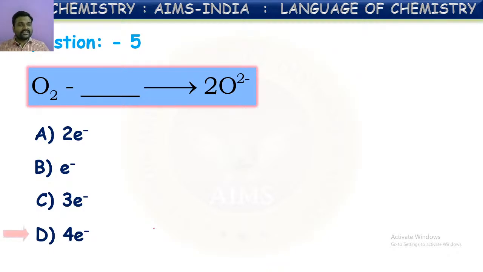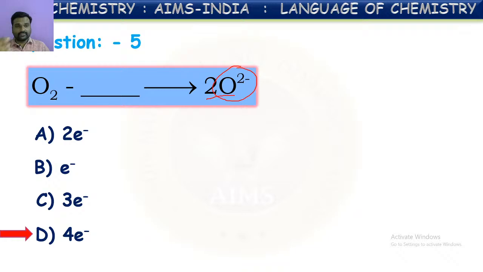So D is the correct answer, because each oxygen atom loses 2 electrons. In the molecule of oxygen, there are 2 oxygen atoms. Each losing 2 electrons, in total it becomes 4 electrons. So by the loss of 4 electrons, 2 oxide ions are formed, because here they have shown 2 oxide ions. If it is only one oxide ion, we can say simply 2 electrons, because there is a charge of 2 minus.